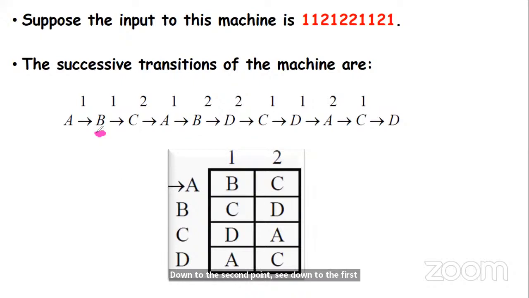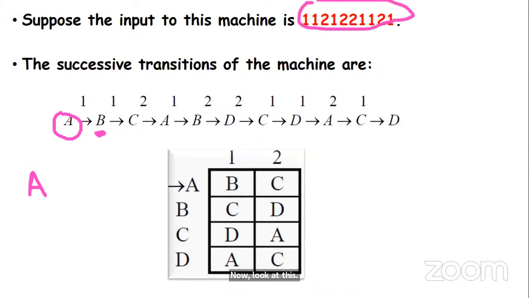Okay, all right. So he says he doesn't understand from this point. Now, you understand that this A is the initial state, so we put our A here. The first input string, now look at this here, is the input string we want to pass through this machine.